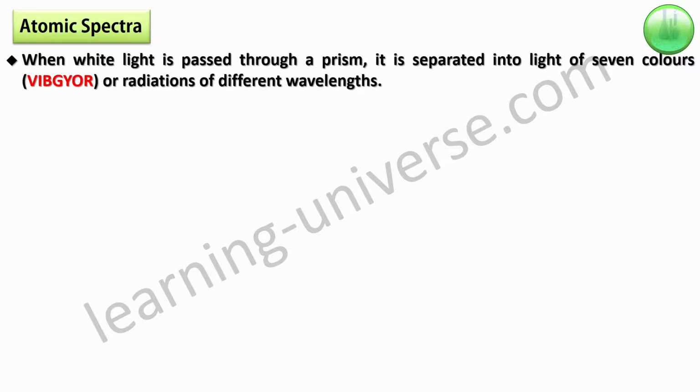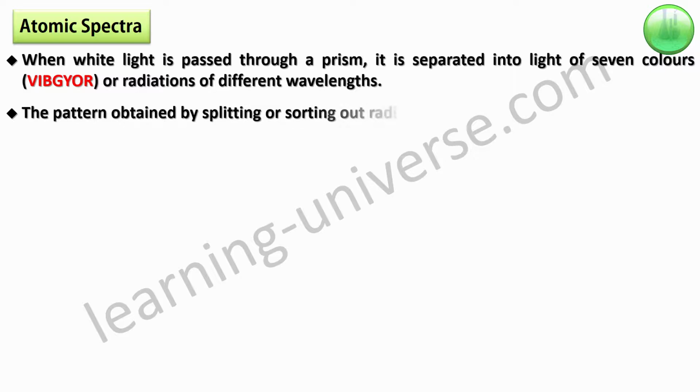Basically, you see the visible region in 7 principal colors, which are Vibgyor: violet, indigo, blue, green, yellow, orange, and red. This is what happens when you pass it through a prism, or through what is known as a diffraction grating. You'll understand diffraction and diffraction gratings in greater detail when you study optics and physics. But right now you can understand that a diffraction grating can mimic a prism.